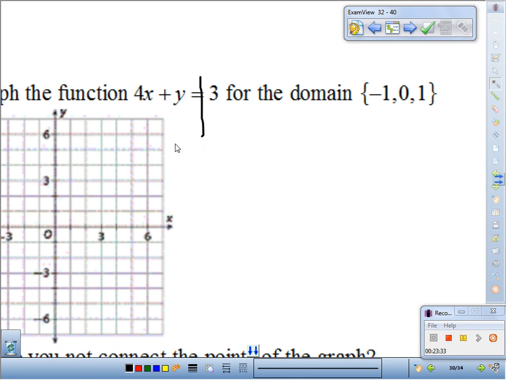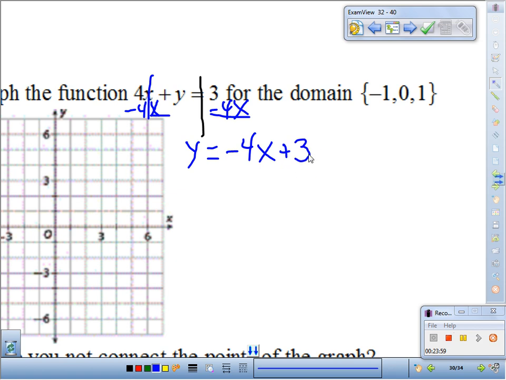And what do we do from there, Audrey? Yeah, here, help her out. Isolate the y, which means I need to do what? Subtract 4x, subtract 4x. We're left with y equals negative 4x plus 3.